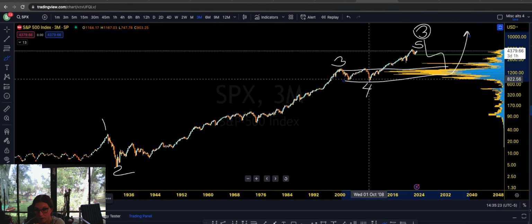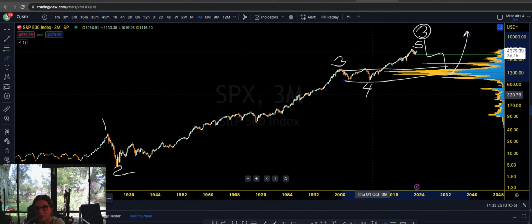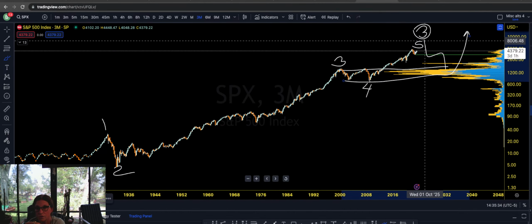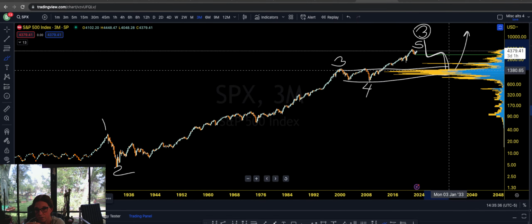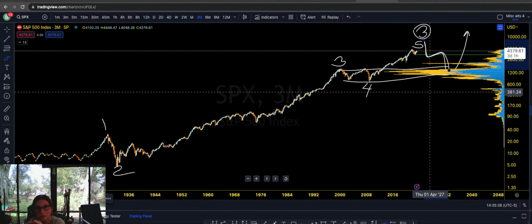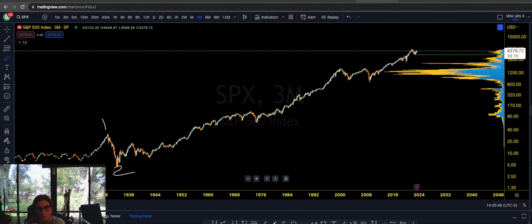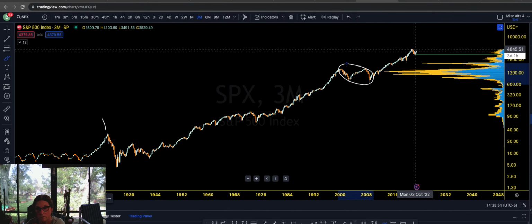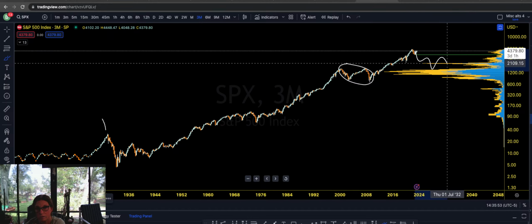This fourth right here took 9 years. Remember, if this is the top of a third and this is going to be a higher degree fourth, it's going to take at least 9 years to happen, because it will not be smaller in time than this one. It will be bigger in time.